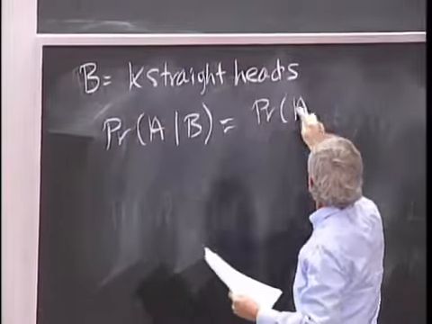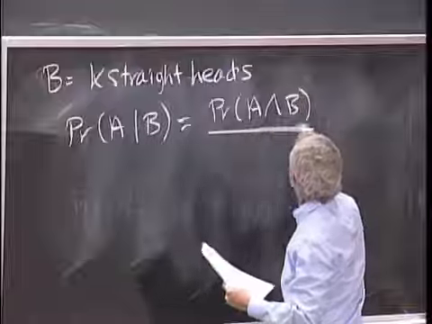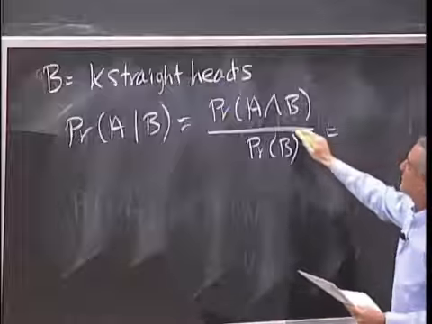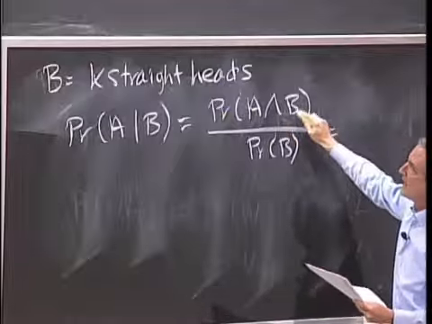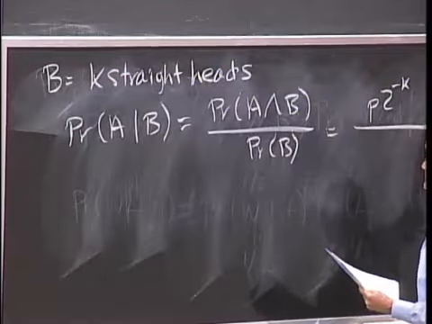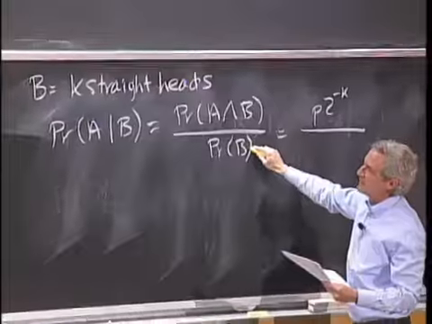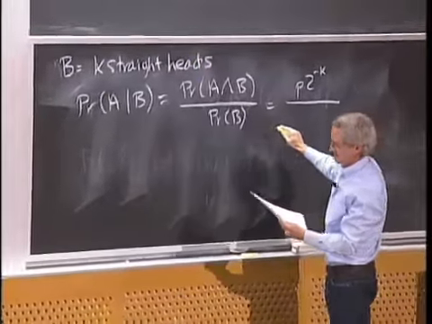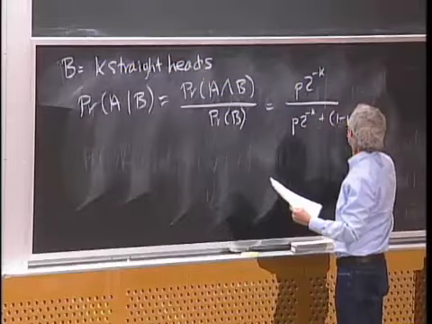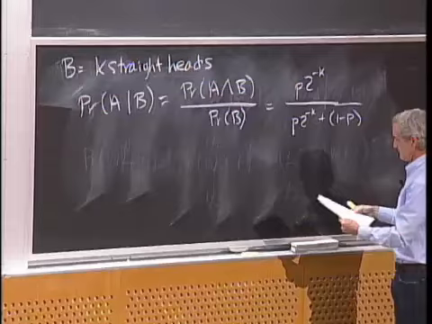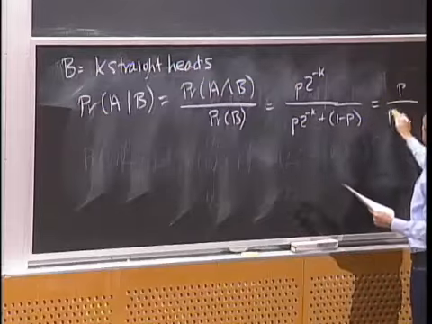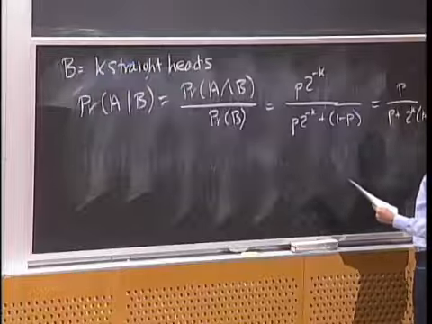Well, the math is the same. The probability now that I picked the fair coin and got k straight heads is just p times 2 to the minus k. The probability that I got k straight heads is p times 2 to the minus k plus the chance I picked the unfair coin, which is 1 minus p. And if I multiply top and bottom by 2 to the k, I get p over p plus 2 to the k, 1 minus p.